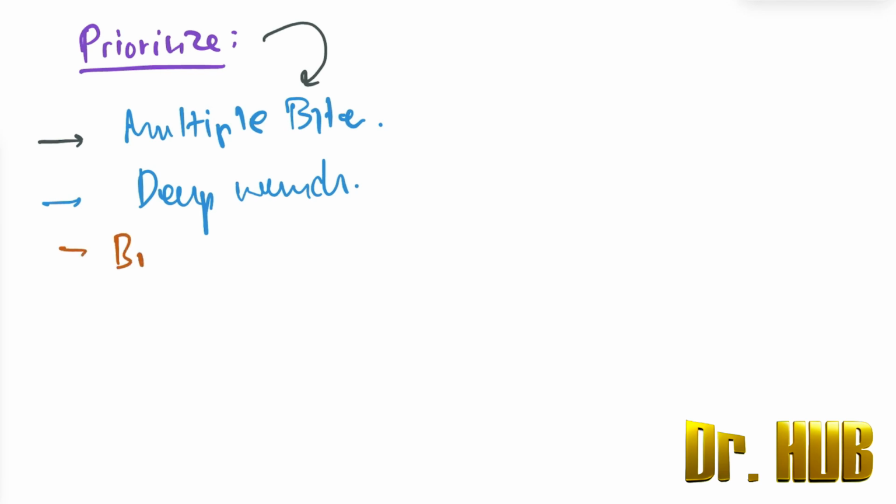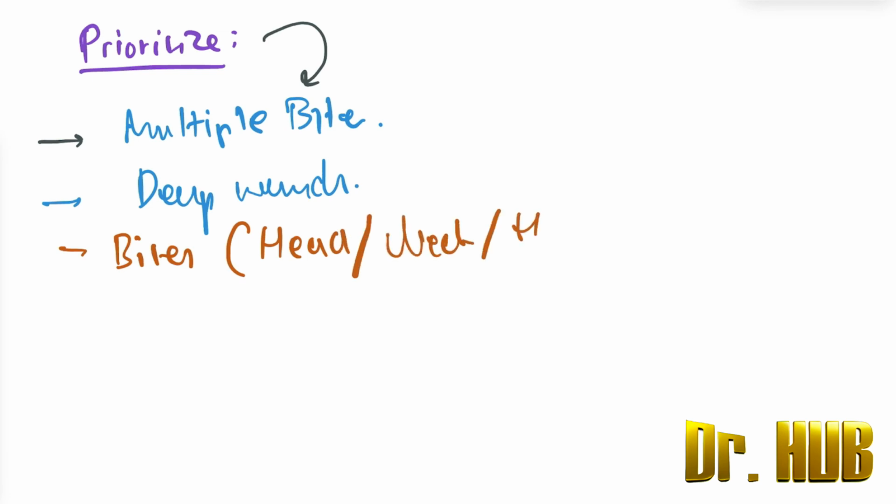Next are bites present on the head, neck, and the hands. Then comes the patient with severe immunodeficiency.